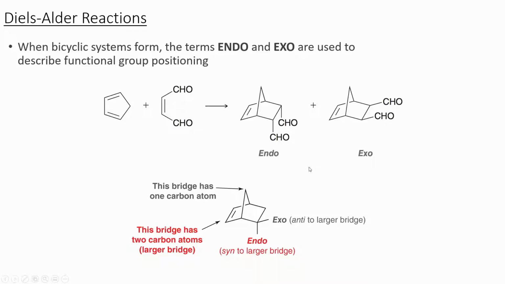So if the dienophile approaches from the bottom, then the two groups would be oriented downwards. And if the dienophile approaches from the top, then the two groups would be oriented exo from the top. And this is relative to the bridge carbon. So endo is syn to the larger bridge, and exo is anti to the larger bridge.